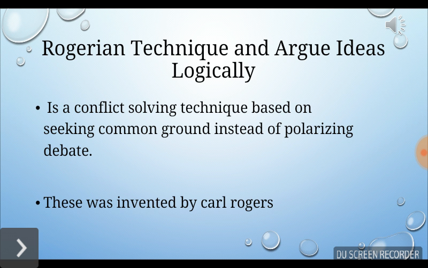I move on with the Rogerian technique and arguing ideas logically. Rogerian technique is a conflict solving technique based on seeking common ground instead of polarizing debate. This technique was invented by Carl Rogers.